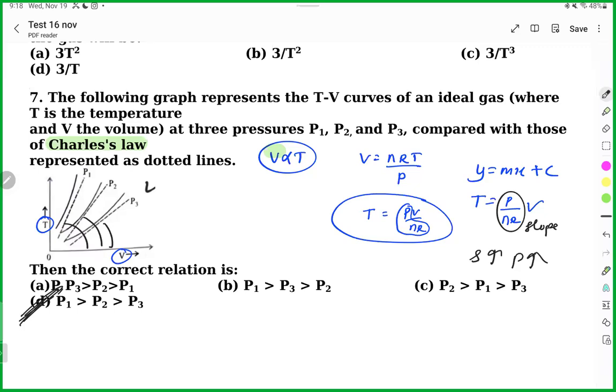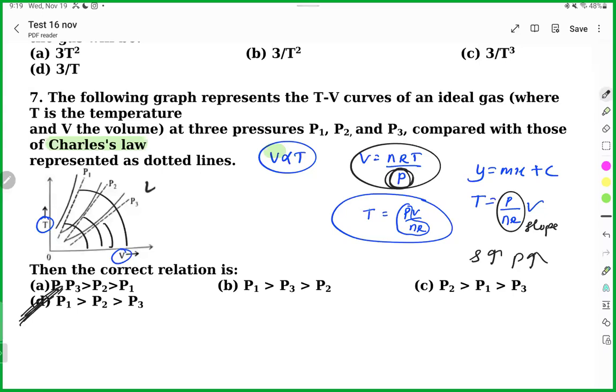Anybody have doubts? Should I explain this again? More important is what is asked. If I do this, I'll make it inverted. Now I'll see that P1 slope is maximum, so it means this value will be minimum.